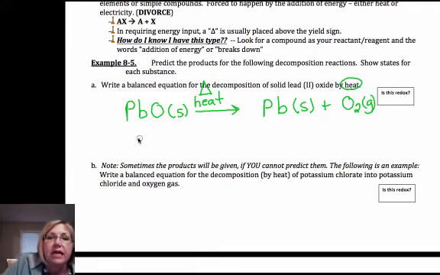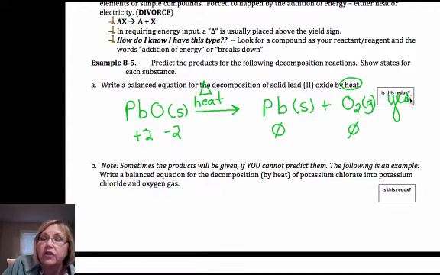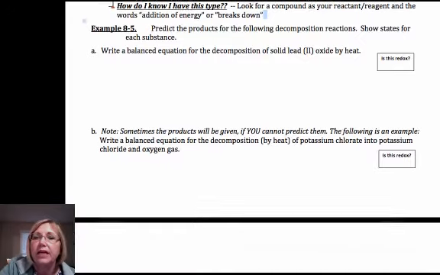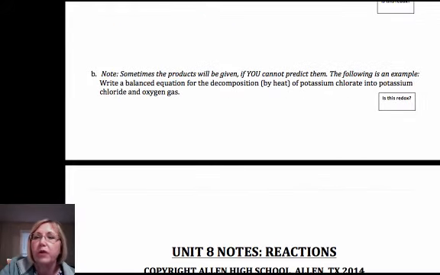All right, now, lead was +2 here, oxide was -2, lead is 0, oxygen is 0. We did have an exchange of electrons, so yes, this one was a redox reaction. Now let's try this more complicated one that we would expect you to write and balance, but not necessarily predict the products.